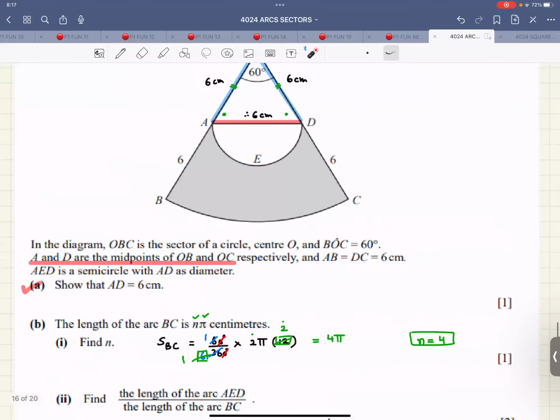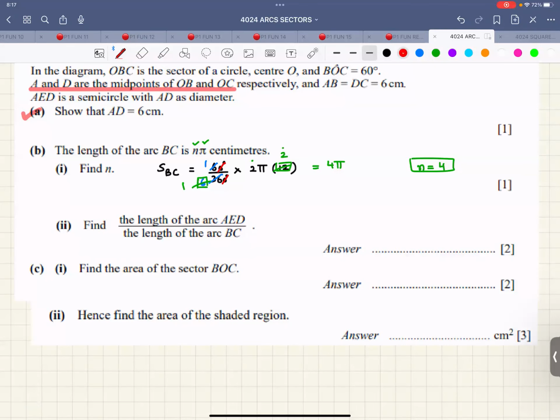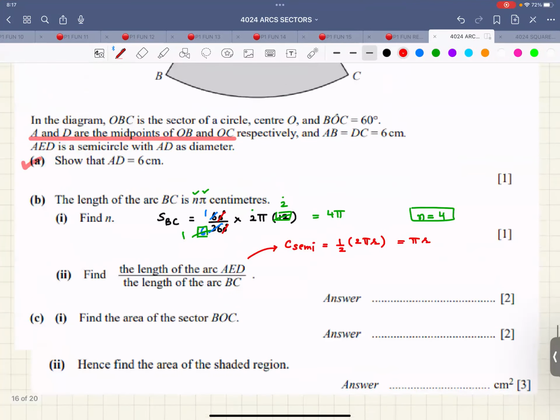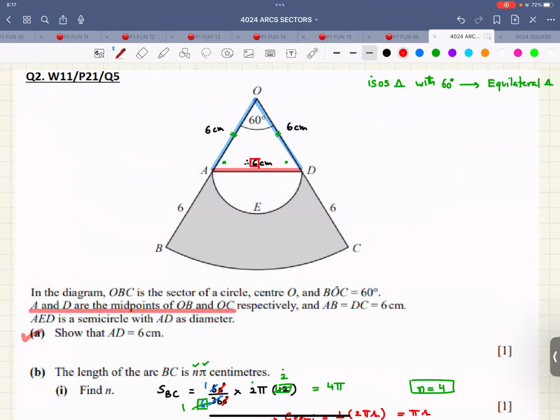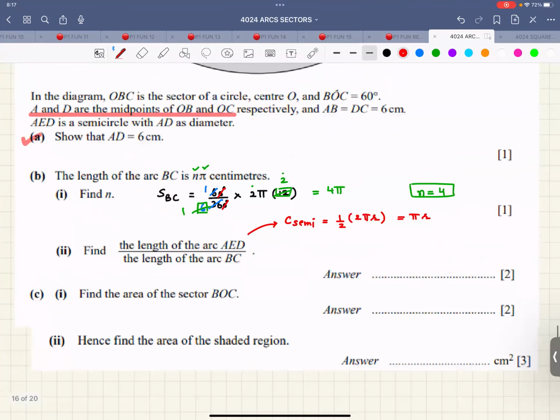First of all, for the length of arc AED, I can use the concept of the circumference of a semicircle, which is half that of a circle. So half of 2 pi r, which is simply pi r. This 6 is the diameter. Therefore, the radius is 3. So this is 3 pi, leave it as it is.